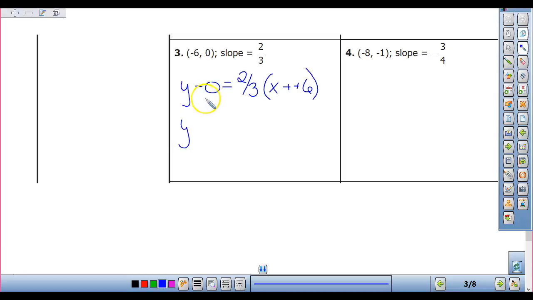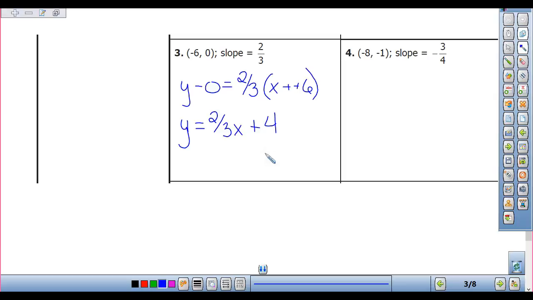So do I even have to write y minus 0? No, I can just go y equals 2/3 x plus, what's 2/3 of 6? 4. If we would have written our 0, we would add our 0 to the other side, but what's 4 plus 0? 4. So you're still going to get that same answer. You're confused why we didn't write down that 0.